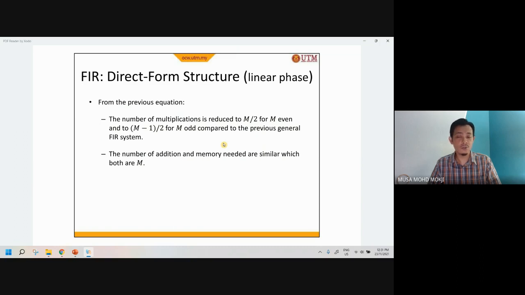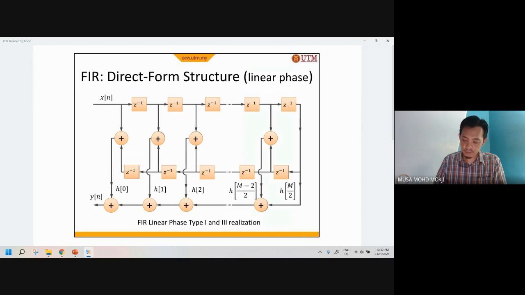So 100 compared to 200 is a lot of reduction. We're not talking about 4 reduced to 2, or even 10 reduced to 5. This is maybe above 100, and then you divide by 2. That's a lot of improvement, a lot of reduction. And actually, this is the general form, which looks quite messy.